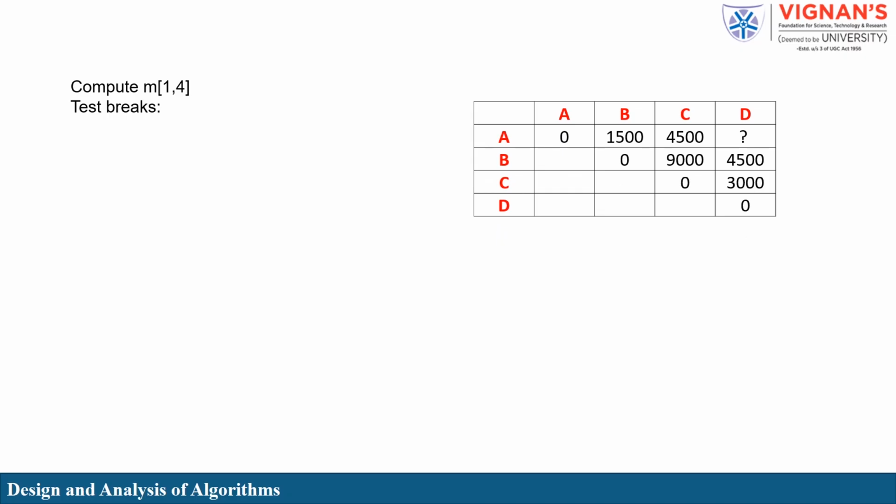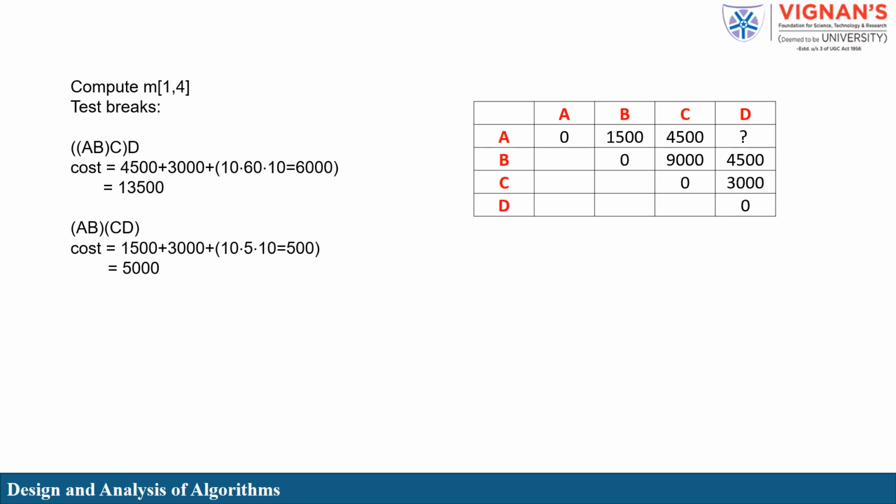We are finding the minimum cost to multiply matrices A, B, C, D. First option, ((AB)C)D. Multiply the first three matrices in sequence, then multiply the result with the last matrix. Second option, (AB)(CD). Multiply the first two matrices together and the last two matrices together, then multiply the two results.